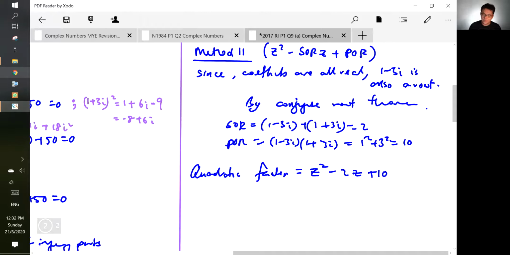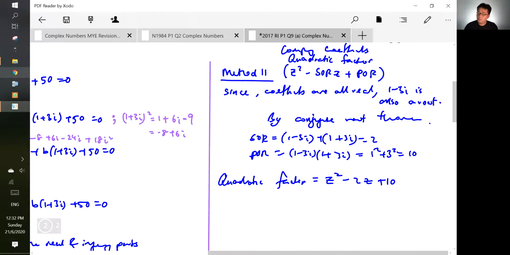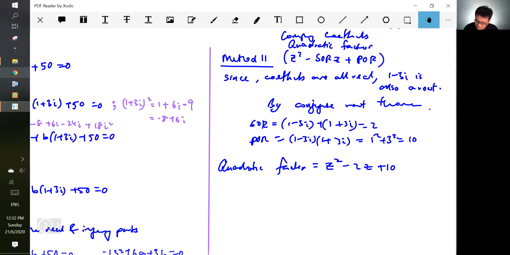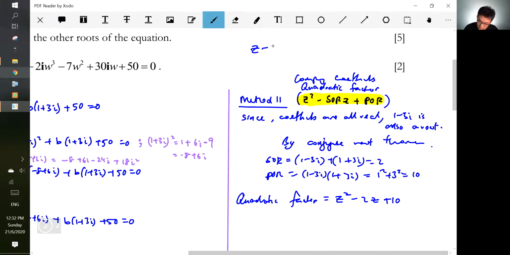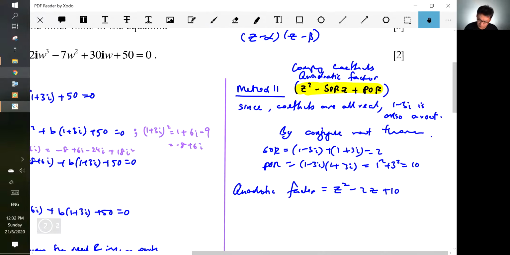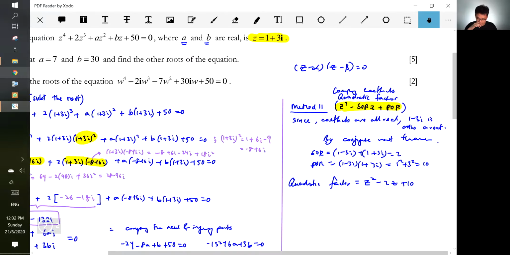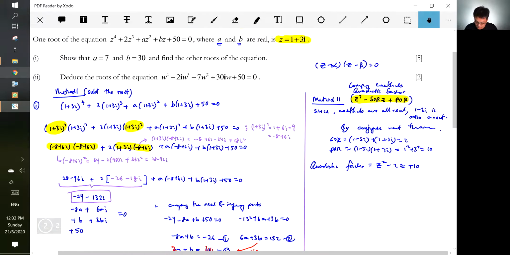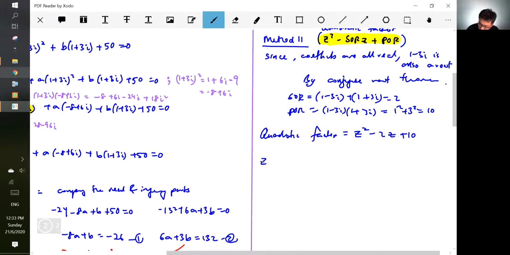Okay, if you don't like this, you can just expand it lah. You know, just use this value here and expand also can. Okay, but those of you who did complex with me, you know that this is not the first time I do this. So what we do is you compare it with Z4, and that's faster. So much faster.